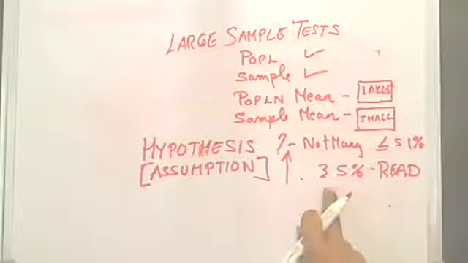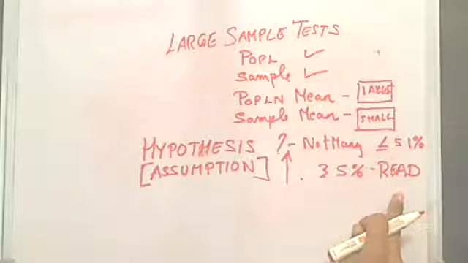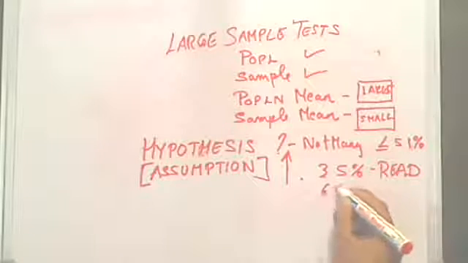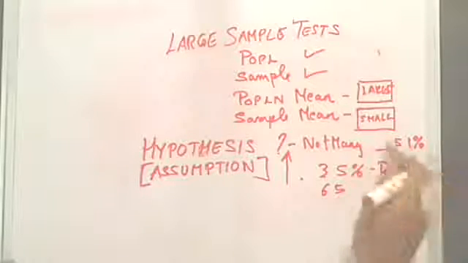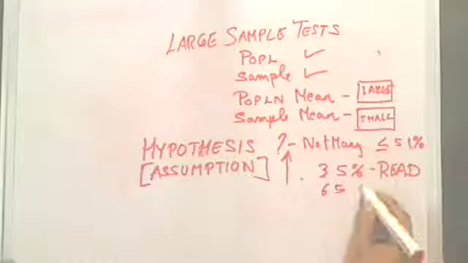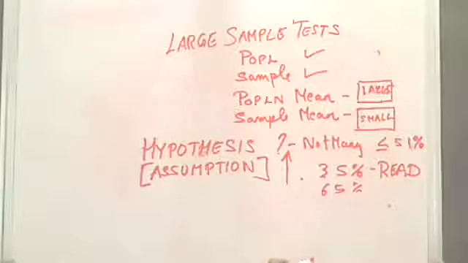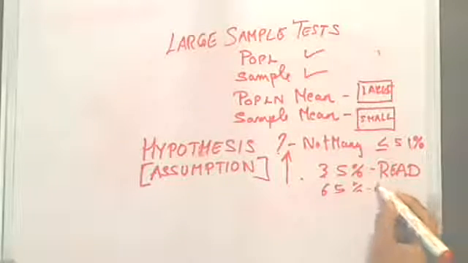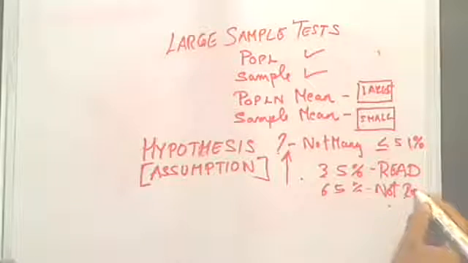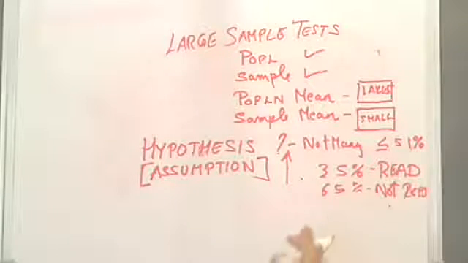So if it shows 65% in fact don't read the product label, my hypothesis actually gets accepted.